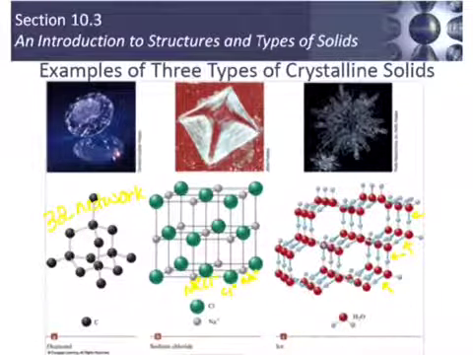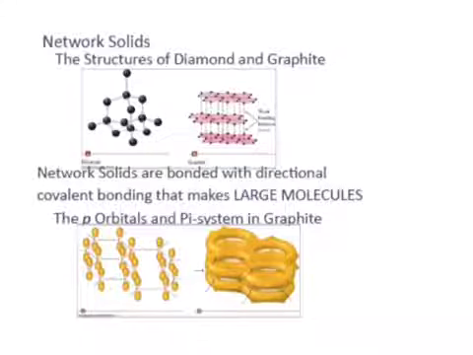So if you look here, this is diamond and graphite. Those are your carbon network covalent solids. Between the layers in graphite, what's in your pencil, you have a nice layer of carbons, connected to another layer, and another layer, through these London dispersion forces. And these forces are weak.